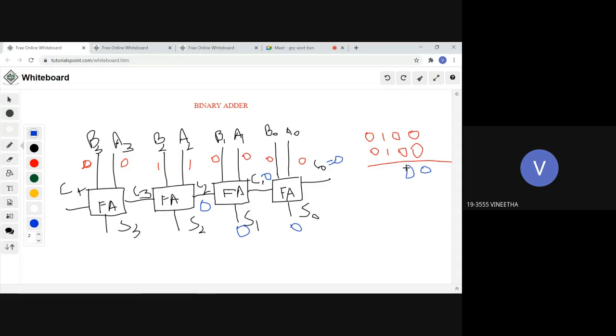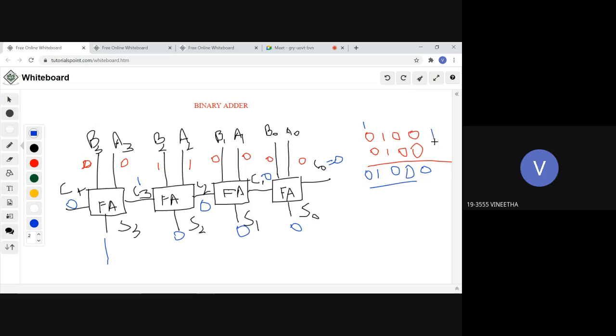So we get a 0 over here. And then 1 plus 1 plus 0, we get a carry 1 and sum 0. So we get a carry 1 over here, and sum 0. And now 0 plus 0 plus 1 would result in 1, and carry is 0.